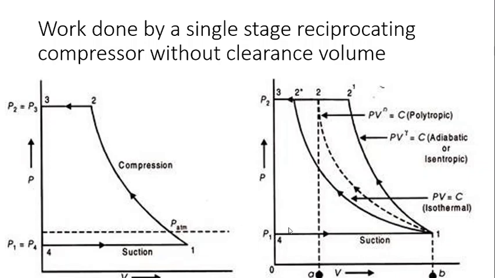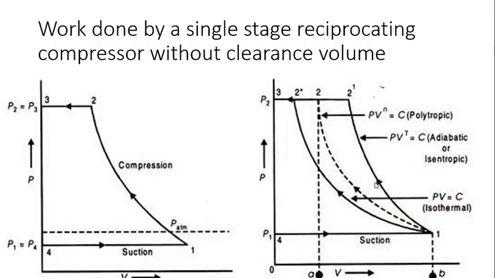So first we will discuss the isothermal compression. If isothermal compression, this is the compression path. For polytropic, it will be this, and for adiabatic, reversible adiabatic or isentropic, this will be the compression path.